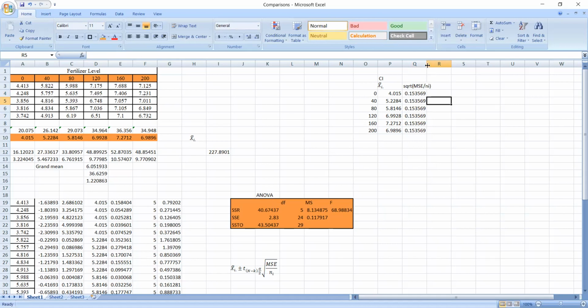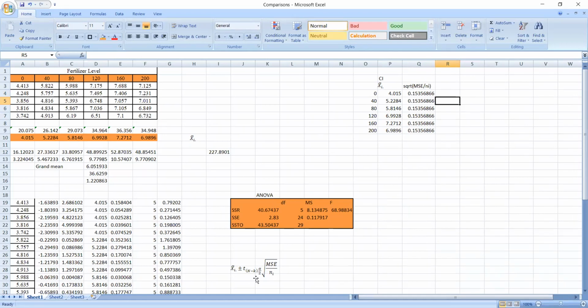The next thing is we have to find the table value: the table value for t with n minus k degrees of freedom and alpha over 2. Since we are constructing 95% confidence intervals, we take alpha as 0.05.